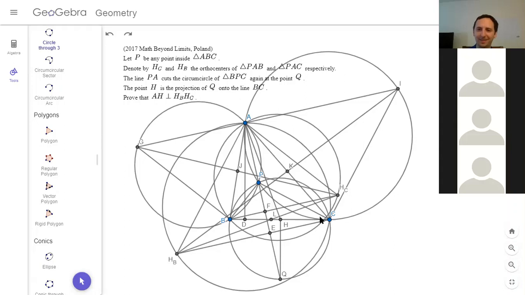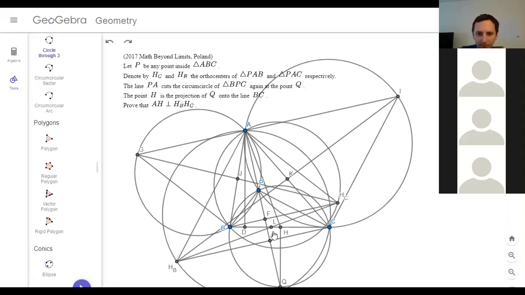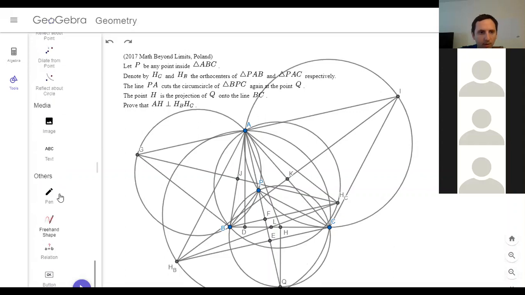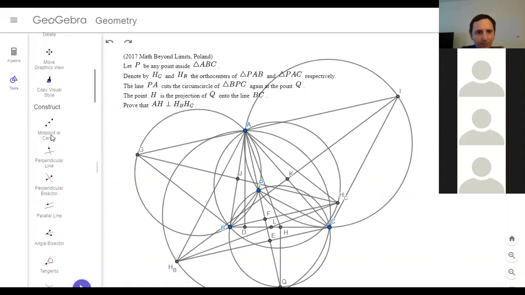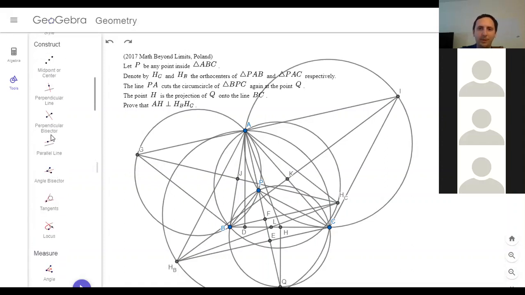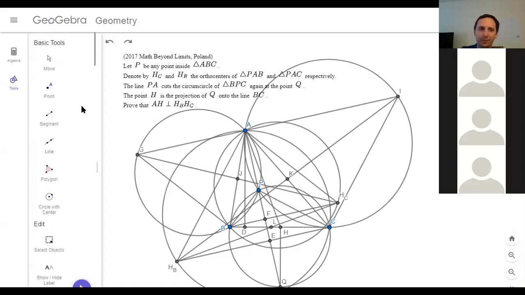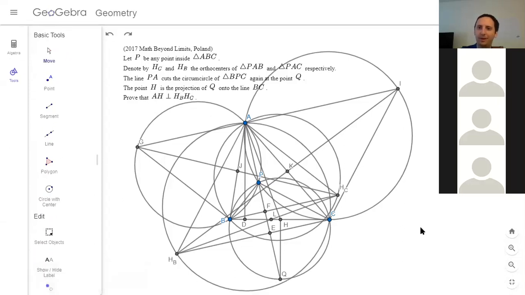Guys, have any ideas? Let's see. Maybe you guys want to check out, I don't think I'm going to open it up here, but maybe you could check out complex numbers.